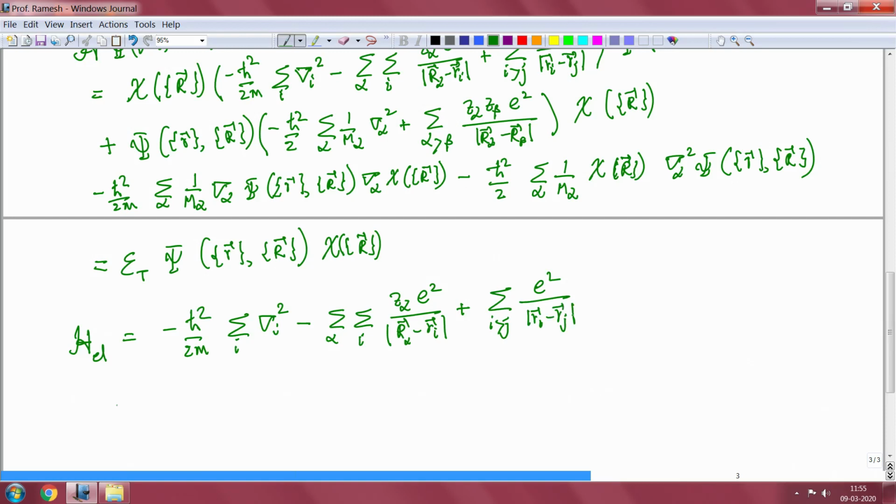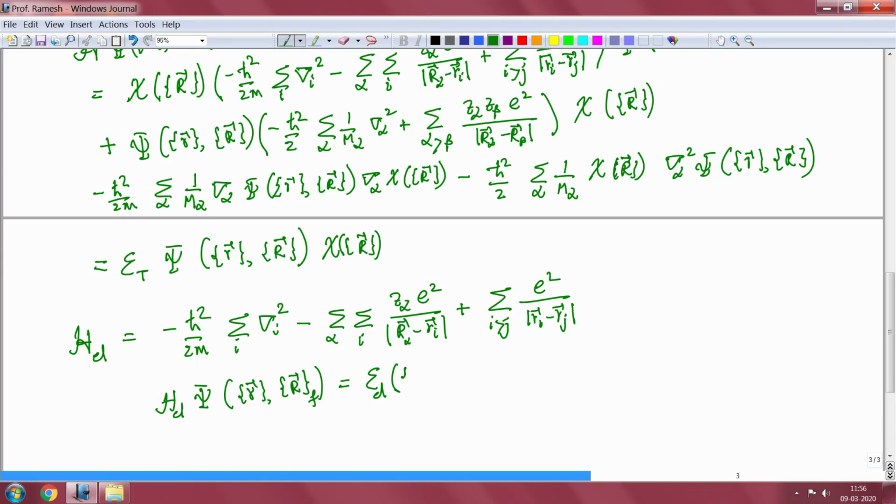And I can solve this for fixed nuclear coordinates, and I can write down my Schrodinger equation in that case as H electronic psi of r comma R f equals E electronic. I have used a subscript f just to emphasize the fact that I have actually frozen the nuclear positions at specified values, and this will now be the electronic energy, which depends upon the frozen nuclear positions, because as you change the nuclear positions R f, you are changing the energy.